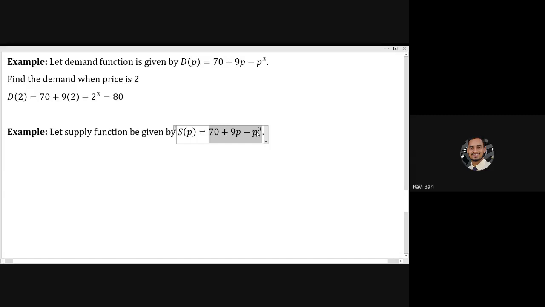Now the supply function is P square plus P plus 1. Find the supply when P is equal to 15.